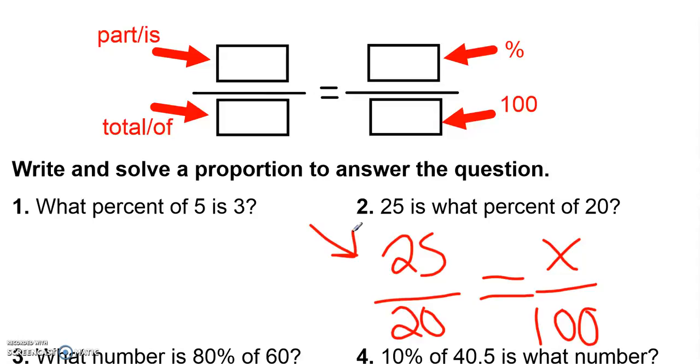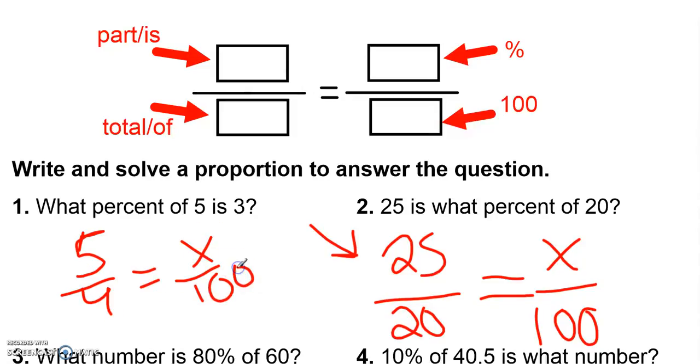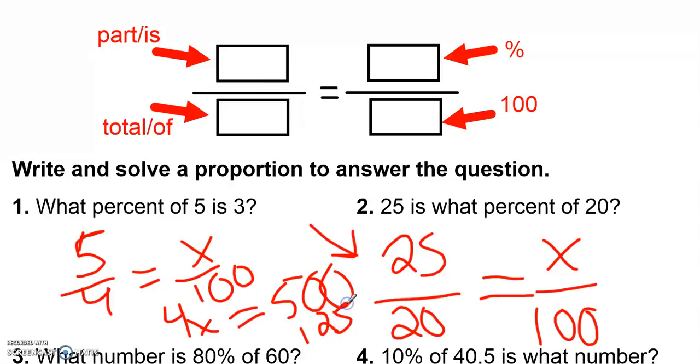That's going to be 5 over 4 equals x over 100. Cross multiply, I get 4x equals 500, and then that equals 125. So then it's going to be 125% then. Okay? And then please do these two.